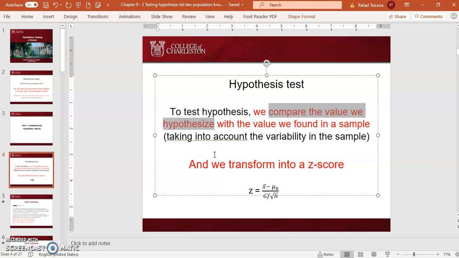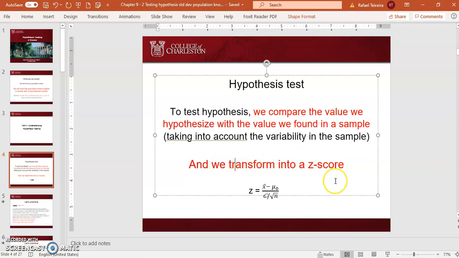Then let's collect a sample of customers and see how much they spent, and we get a mean of, let's say, 55. That is more than 50. Of course we have to take into account the variability, and this is what I'm going to show you. But the idea is having a hypothesis and collecting data to compare.